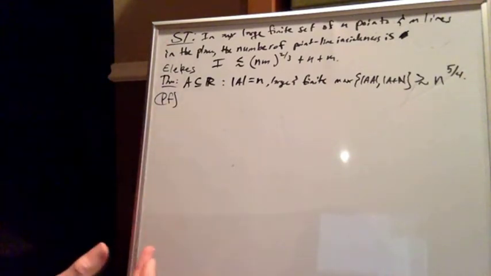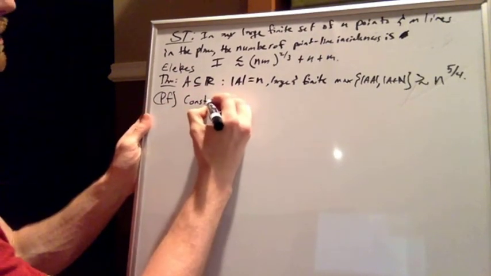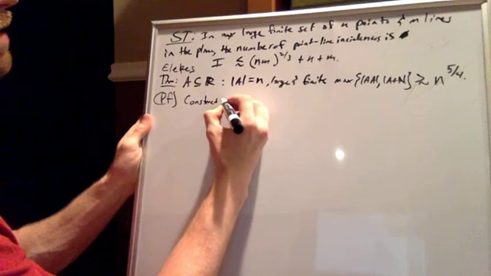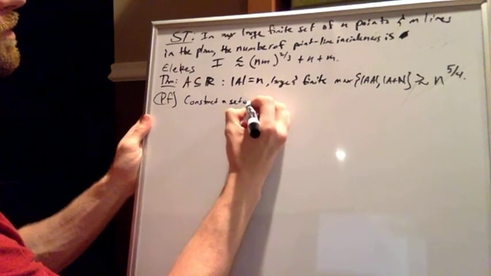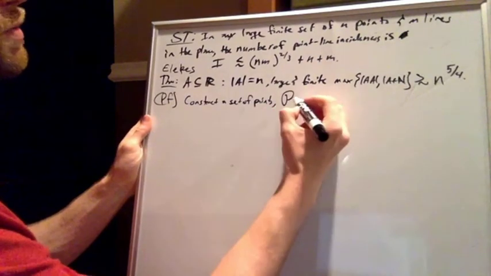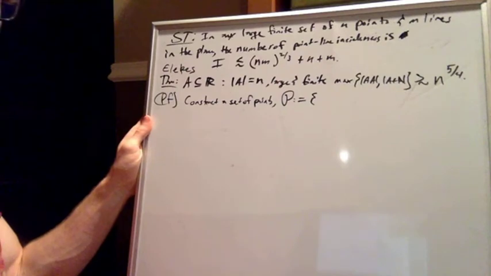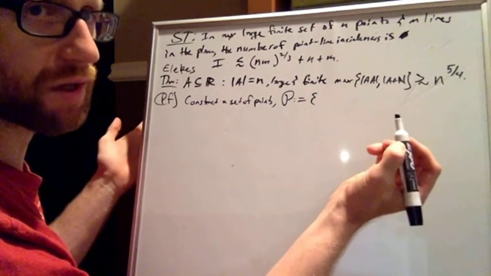So what we're going to do is, given our set, we're going to construct a point set. And I'm going to call it script P. And this point set will be defined as the set of sums and the set of products.